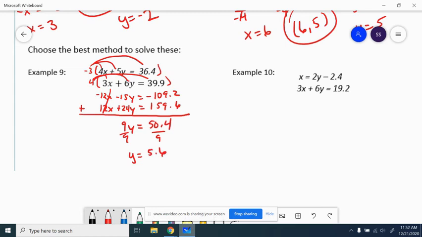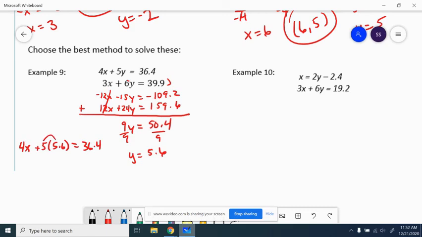Right now, I'm going to erase all these lines here. I can pick either of the two equations to solve for x. So I'm going to take, how about the top equation, 4 times x plus 5 times y, which we now know is 5.6, is equal to 36.4, and solve this out.